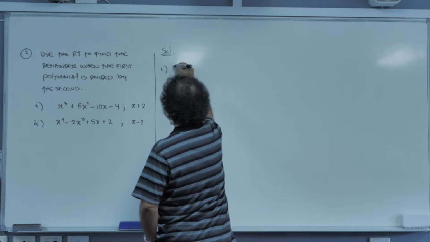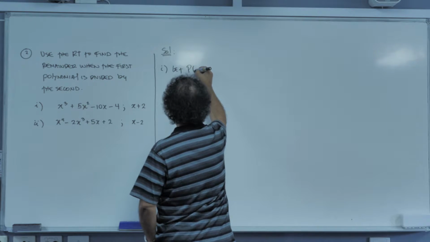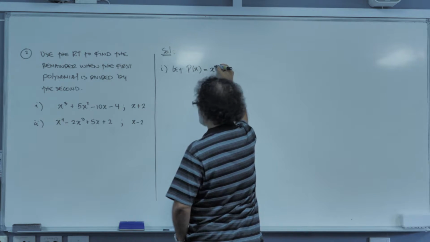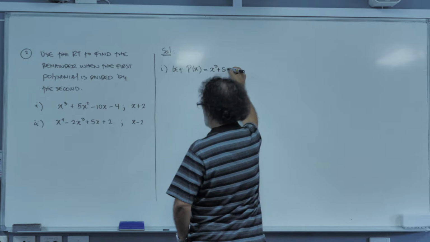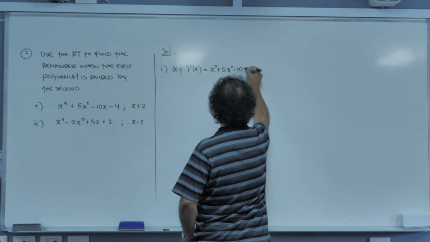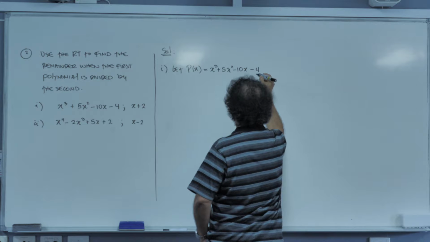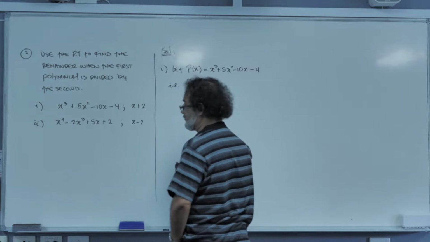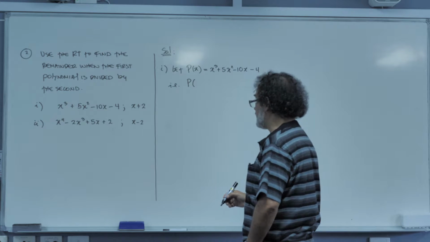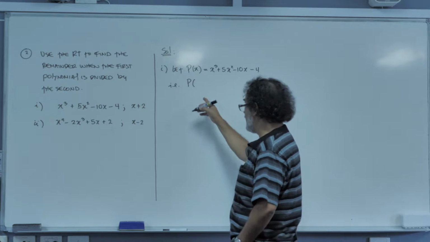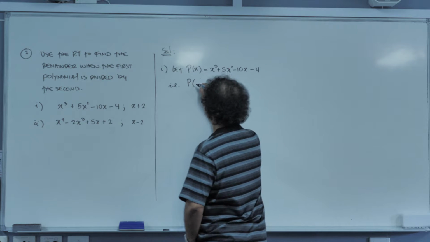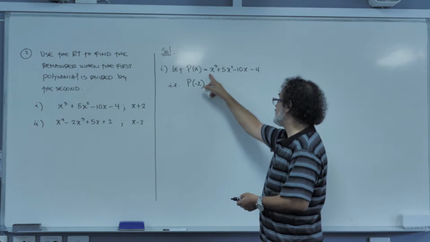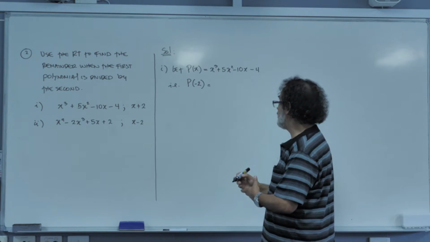So let p of x be this polynomial, so you're going to put this in polynomial form. What we want then is to find the remainder, and we know that all you have to do is find p of -2, which means that you're going to evaluate -2 in that polynomial.